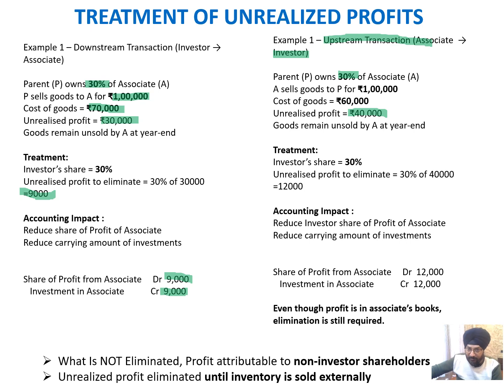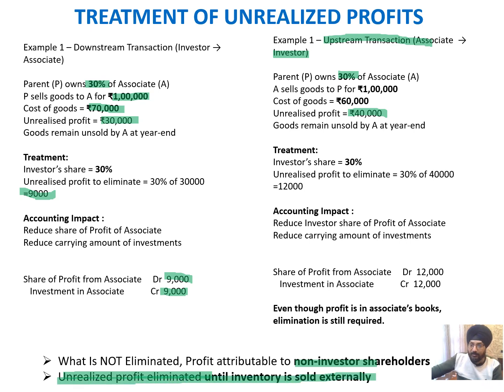So even if the profit is in my associate, the treatment is the same, because the objective is that we cannot account for the unrealized profit. What is not eliminated is the profit attributable to the non-investor share, and unrealized profit is eliminated until the inventory is sold. Which means that until my inventory is unsold, it is the share of the unrealized profit.